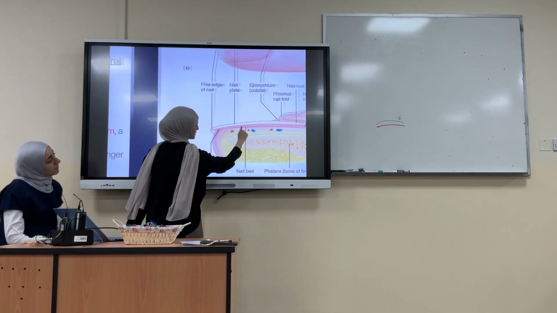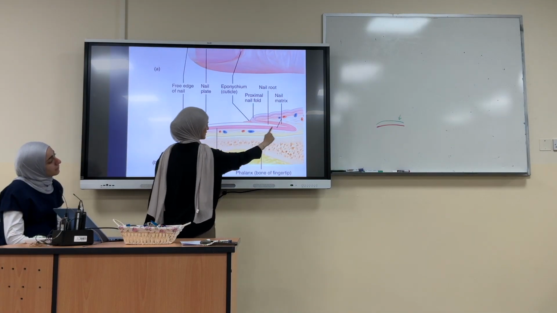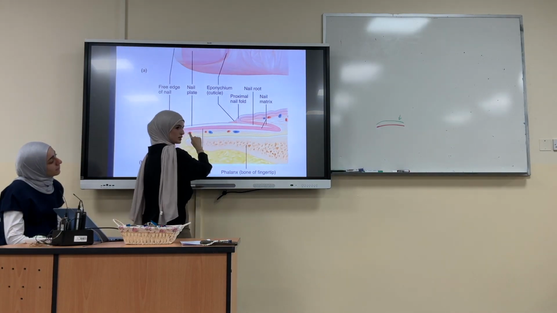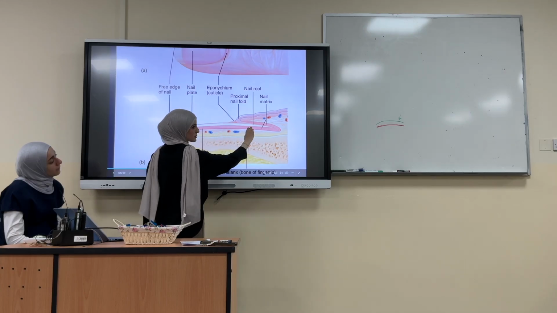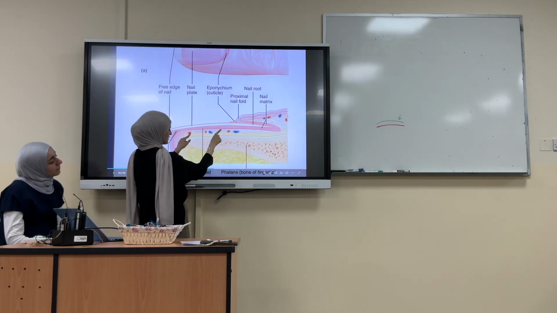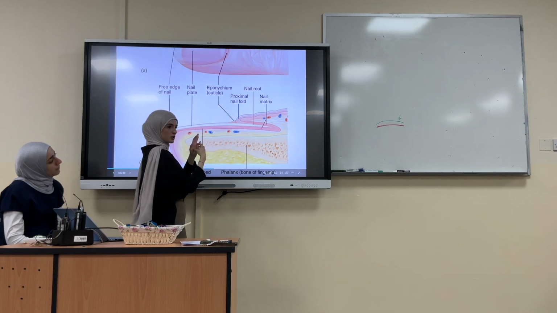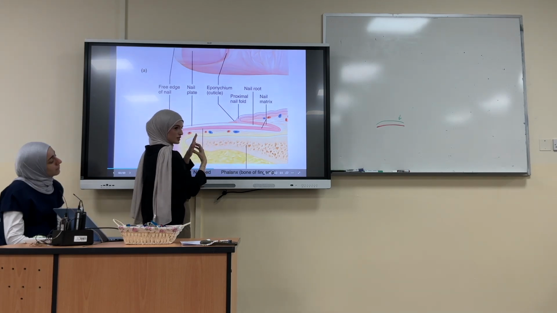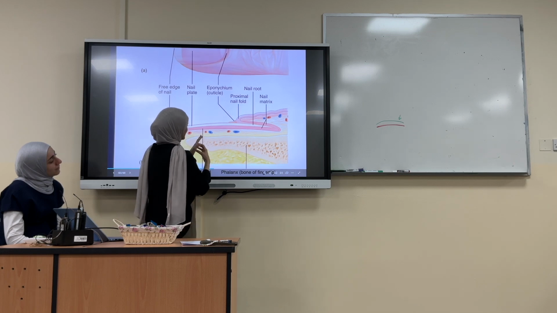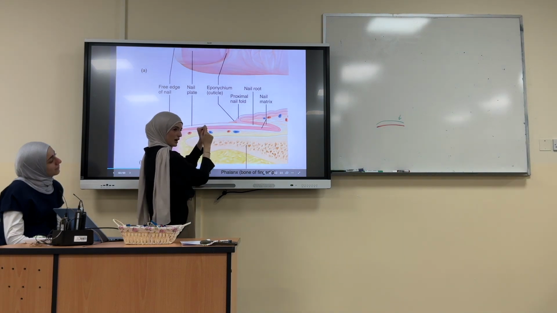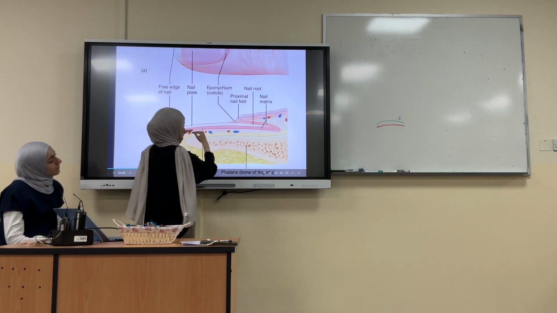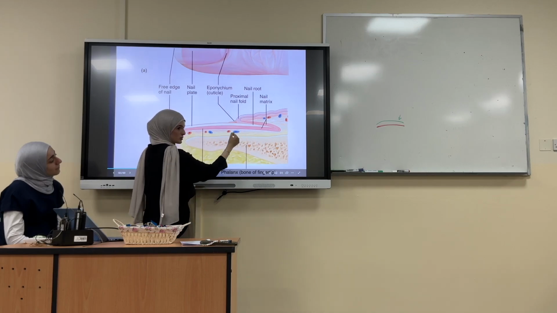This is your nail bed. You see that pink portion here? That's your nail bed. Under the nail bed, you have the dermis. These are the blood vessels in the dermis. These blood vessels have blood going through them, right? What's the color of blood? Red, okay? So your nail has that pink hue to it because of the blood vessels running through the dermis.